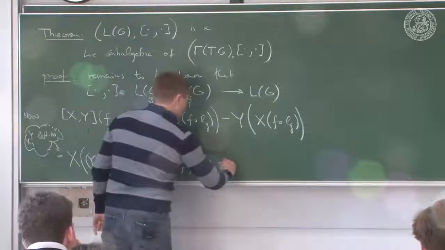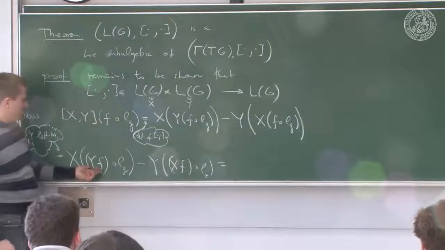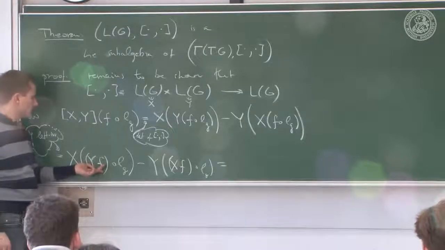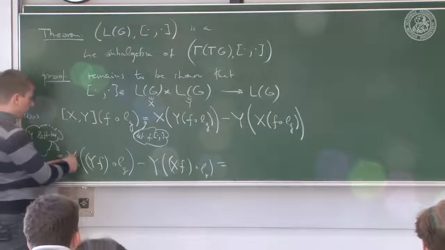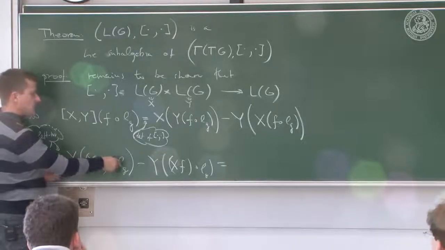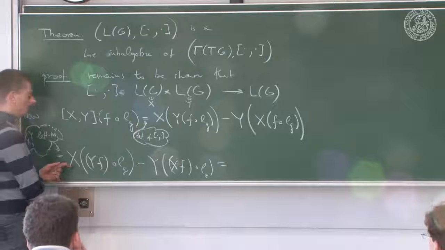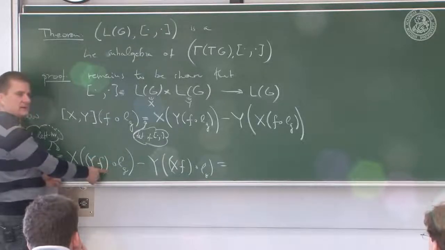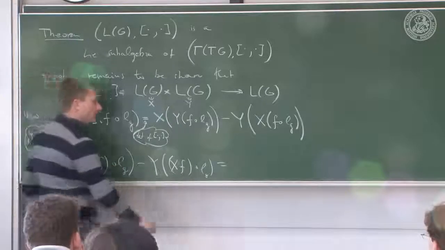But now, what is the result of a vector field acting on a function? Well, it's a function. So we have again x acting on some function after Lg. But x is a left invariant vector field, so I can let it act only on the function and only then compose with Lg.